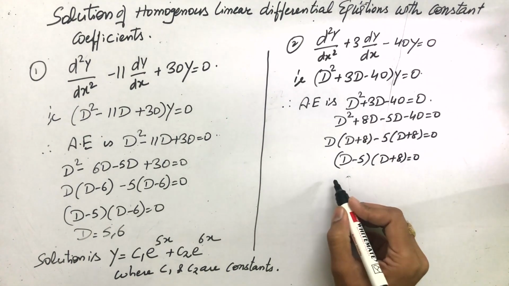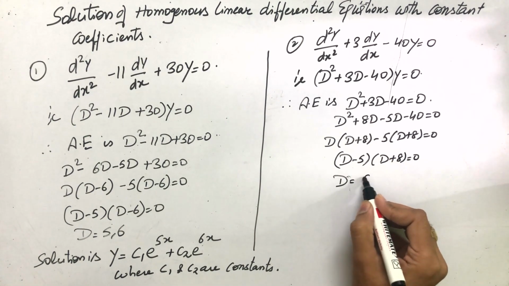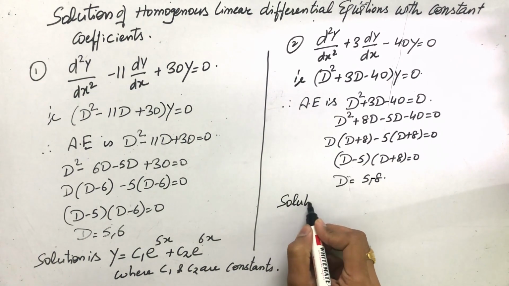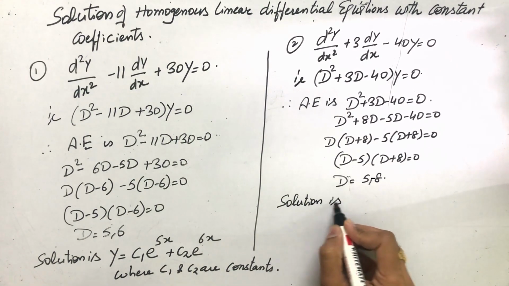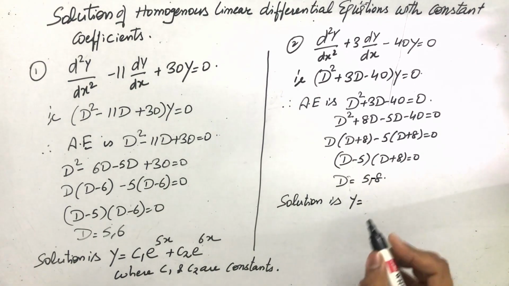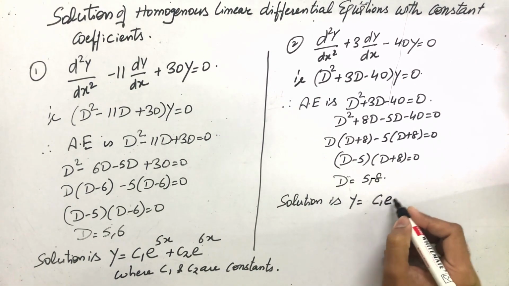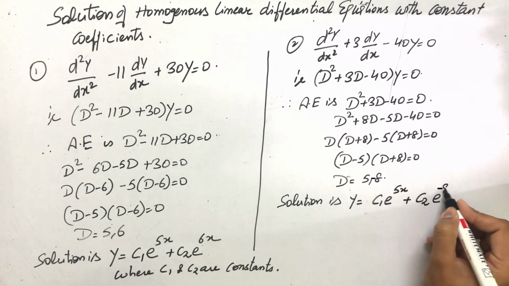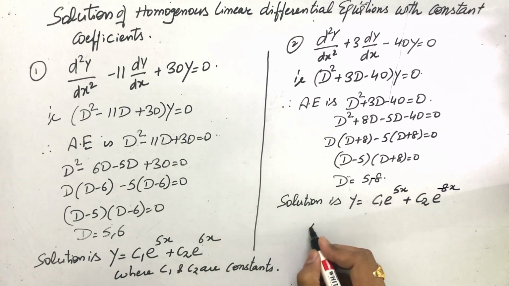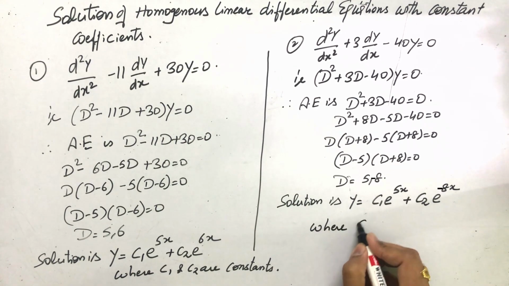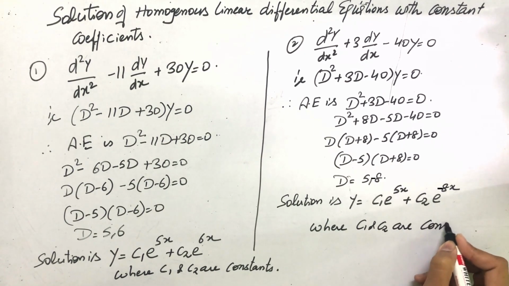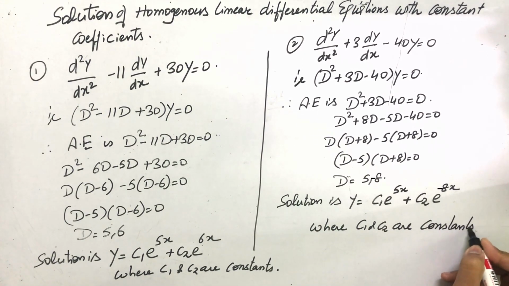From this, very easily, the roots are 5 and minus 8. So the solution is y is equal to, using the same formula, c1 e power 5x plus c2 e power minus 8x, again where c1 and c2 are constants. So this is how we make use of that formula.